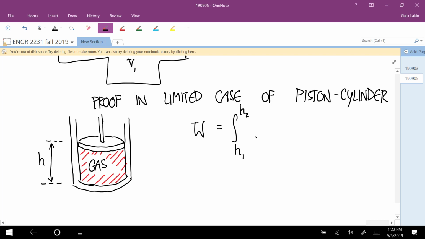And that force is the pressure times the area, the cross-sectional area. And then dH. Are you with me on that? This is the force applied to the piston by the gas pressure.